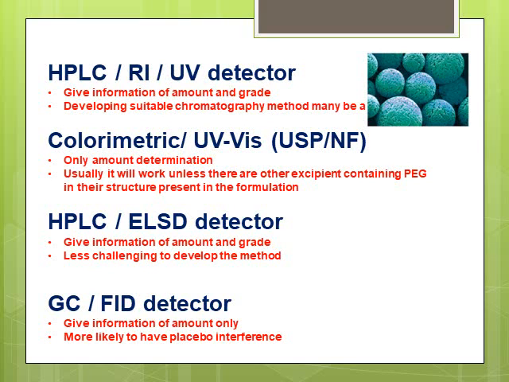HPLC with ELSD detector gives you amount and grade, and in my opinion it is less challenging to develop a method. And the last one is GC with FID detector, which gives you amount only and, to some extent, grade, as I talked about before. Unfortunately, in the case of GC, if you have free cetyl and acetyl alcohol in the formulation, this will not work for you.